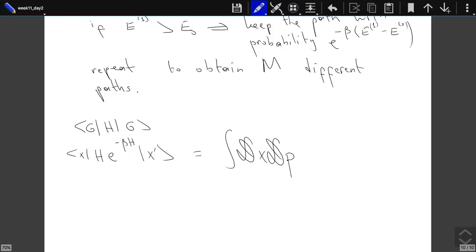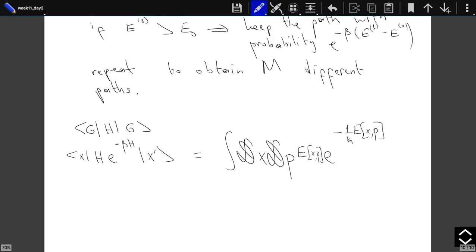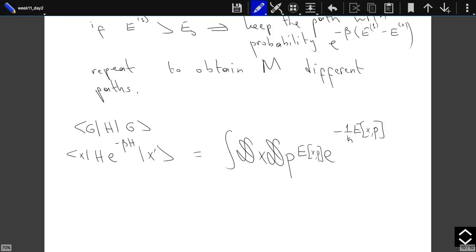You can just repeat what we had done before. Path integral of e to the power i over h bar S[x]. No, we are now in imaginary time, so it's minus 1 over h bar E. So here you will get E of x and p. So this will be proportional to this one. Just repeat what we had done before.